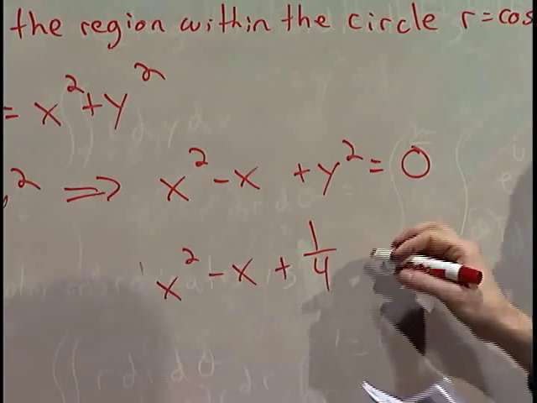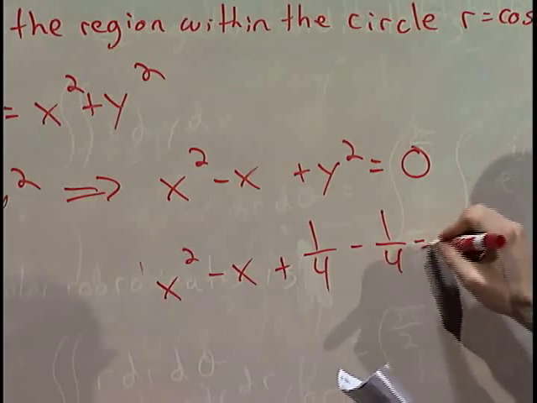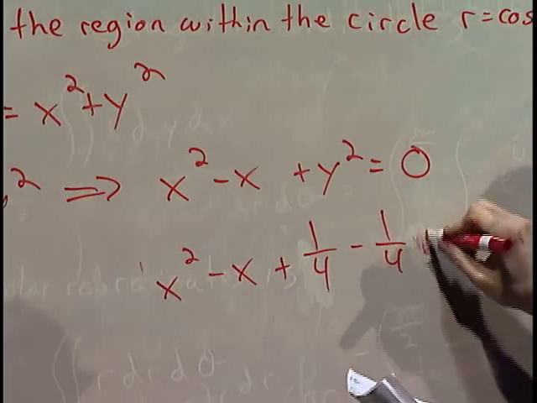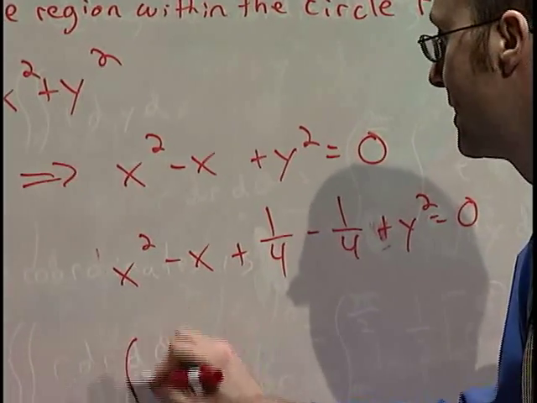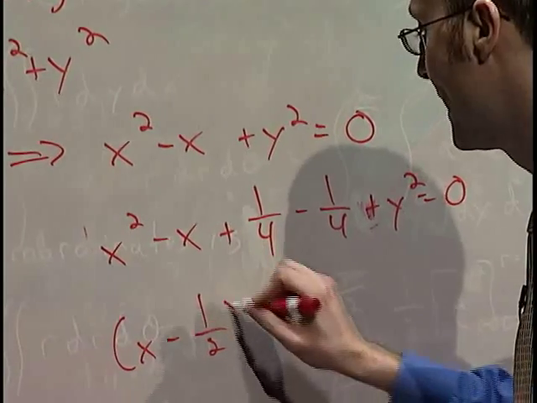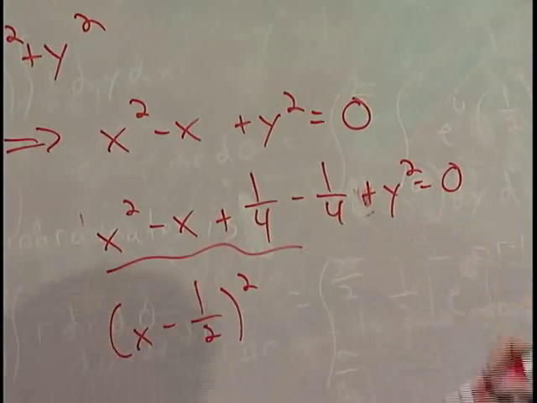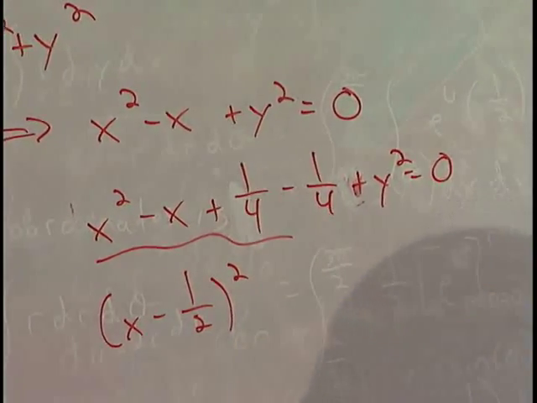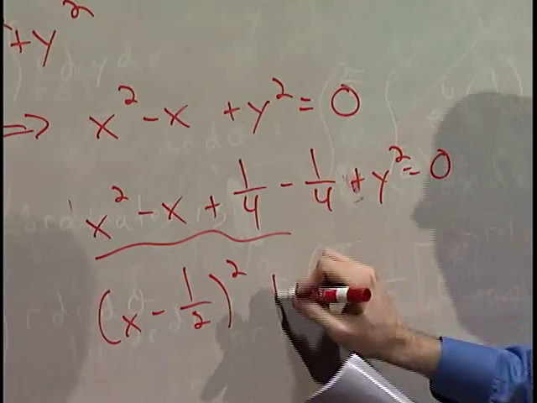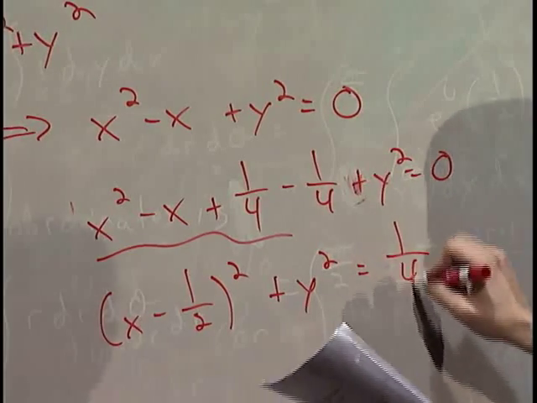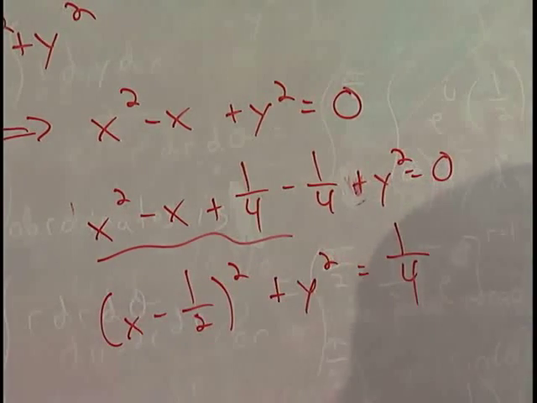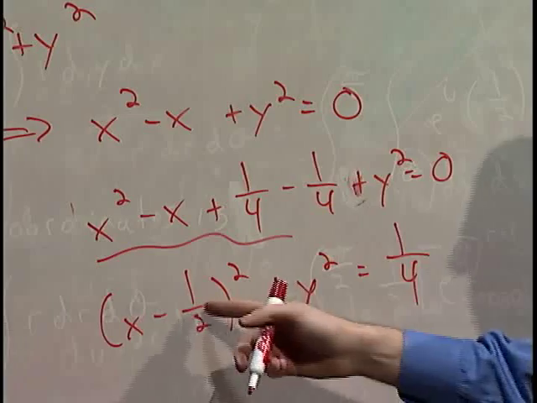So I'll do that. And then we can't forget the y squared either, so plus y squared equals 0. So this condenses to (x minus 1/2) squared, that's our perfect square trinomial. The y squared hangs around, and the 1/4 gets tossed onto that side. So what does this actually look like?